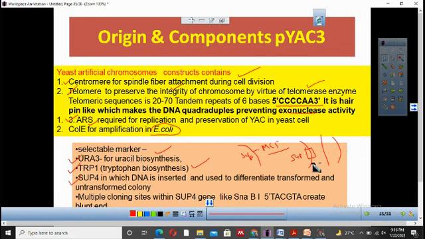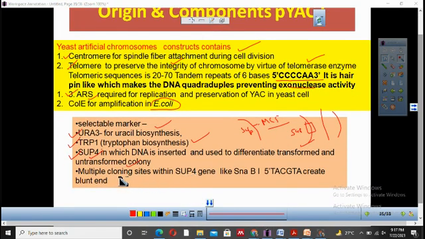So in order to differentiate the clone with insert and the clone without insert, the SUP4 gene is required to differentiate transformed and untransformed colonies. And again, multiple cloning sites are essential because cutting at these sites creates a gap for the integration of any DNA insertion of your interest.